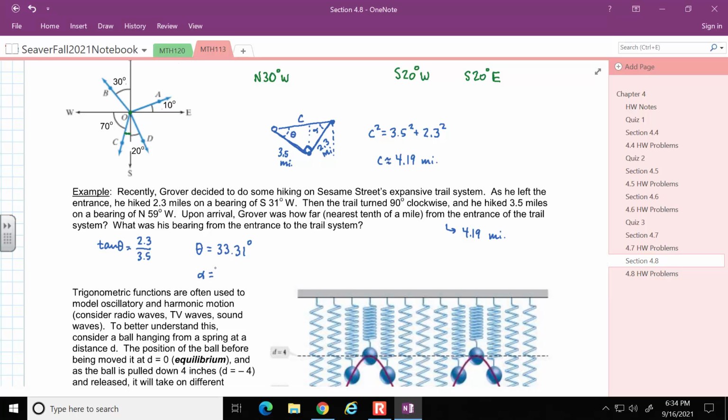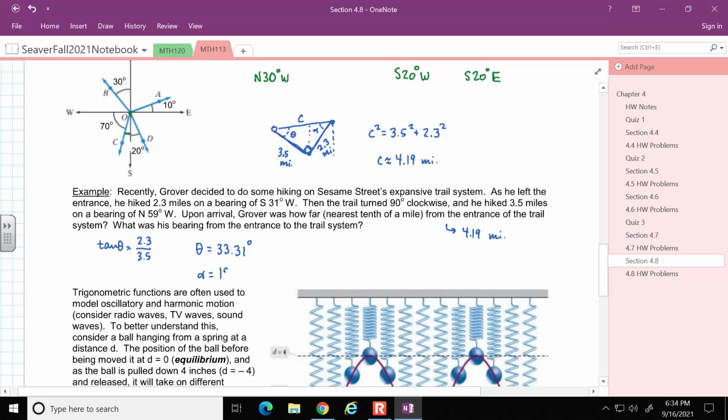You could use tangent again, but at this point I've got a triangle and I've got two angle measures, right? I would probably recommend, if I have a 90-degree angle and a 33.31 degree angle, I would just subtract those from 180 to get the third angle of your triangle at least.